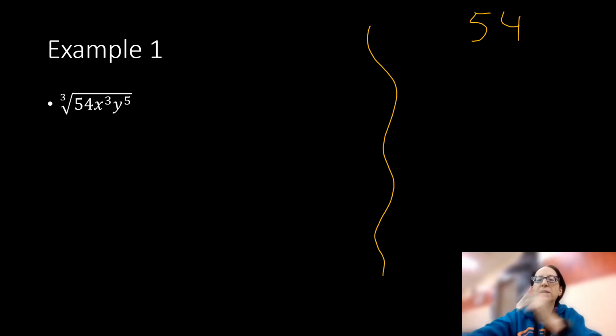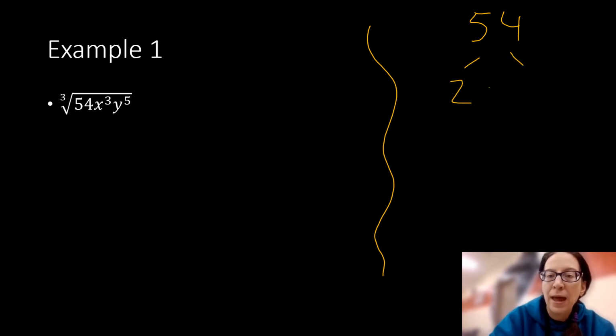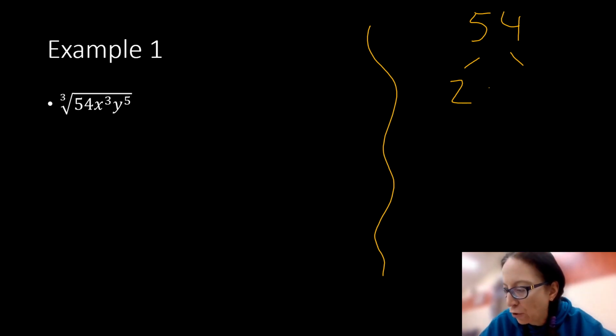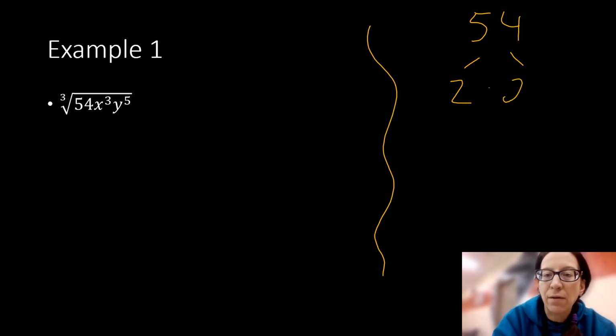And what we're going to do is break down that 54. So right off the bat, I know that 54 is an even number, and so I'm going to divide it by 2. You might need to use your calculator to figure out what that is. So 54 divided by 2 gives me 27.